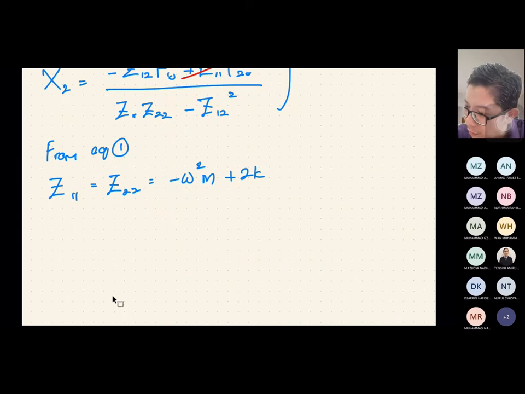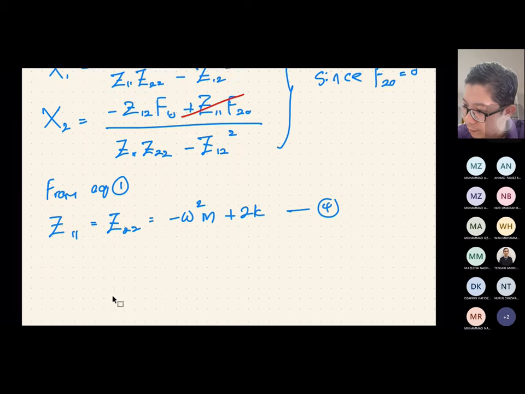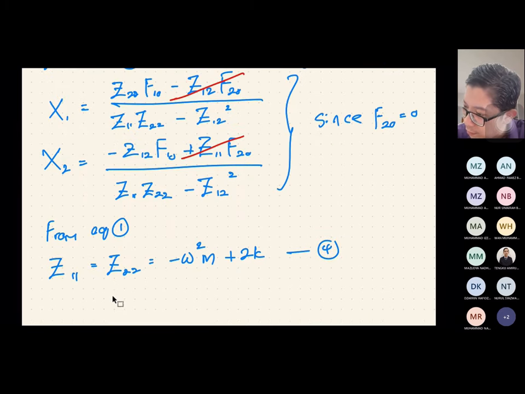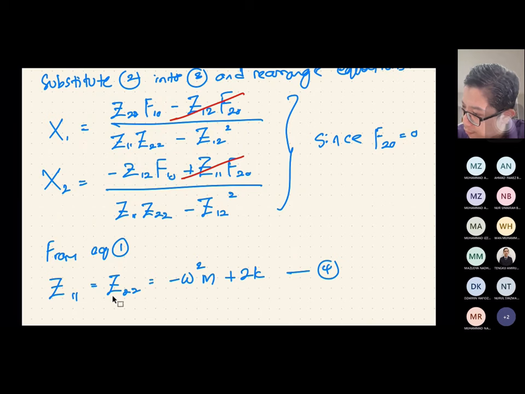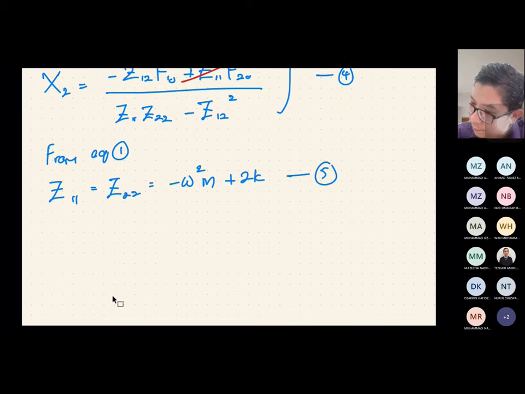Okay. So we can substitute to equation 4. Okay. So we can substitute equation 4, equation 5, and equation 4. Okay. So this is equation 4. This is equation 5. Okay. We can substitute the cube.